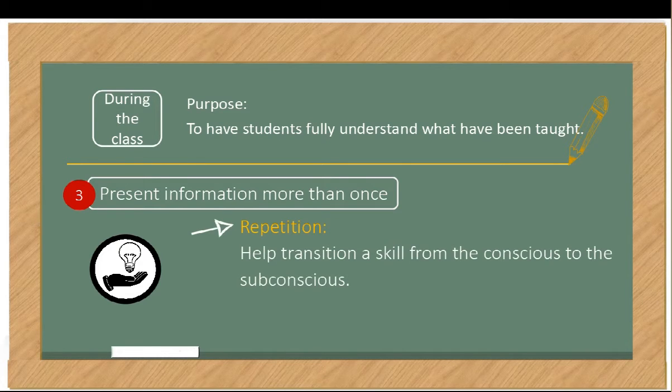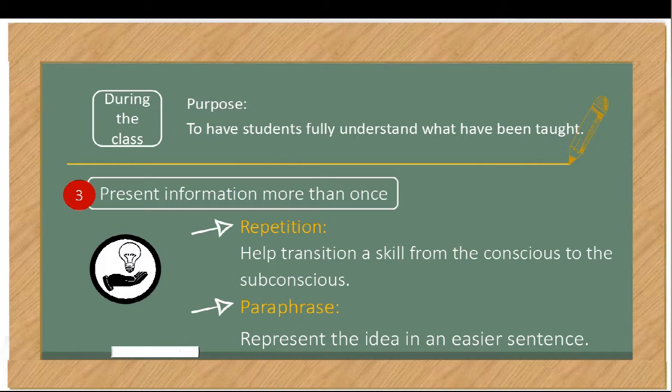Repetition. If it's a target word or concept, it's worth repeating over the class. Repetition is a key learning aid because it helps transition a skill from the conscious to the subconscious. Besides, try to use paraphrase to represent the same idea in an easier sentence.